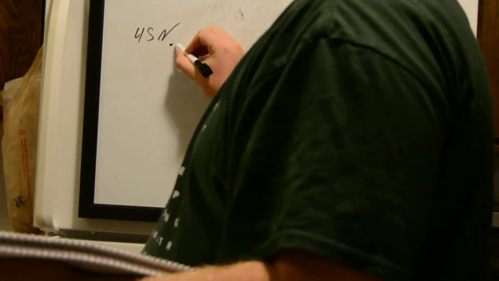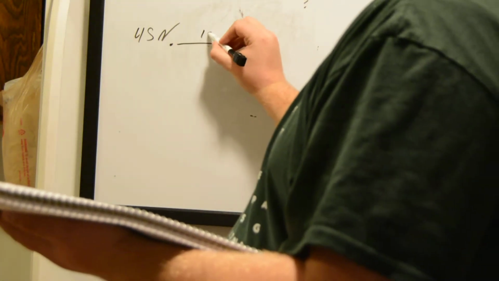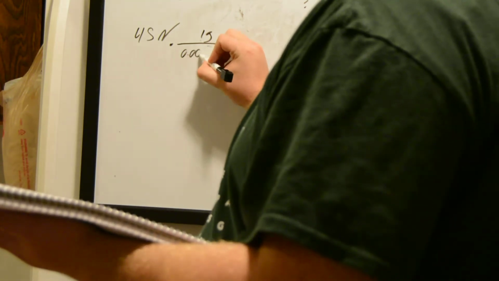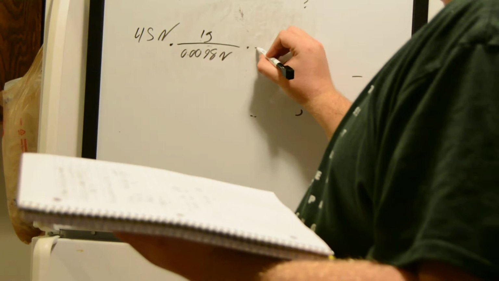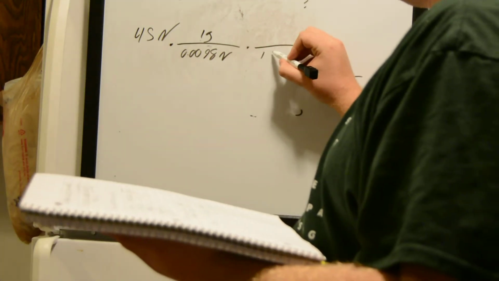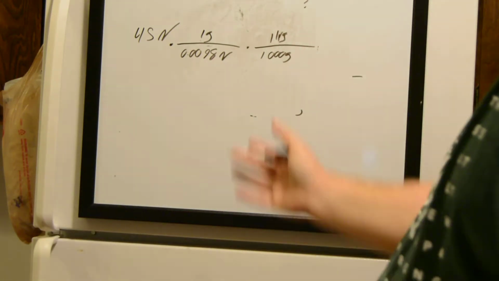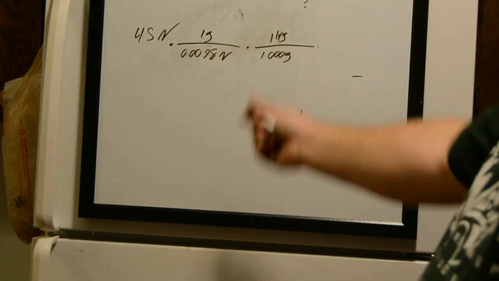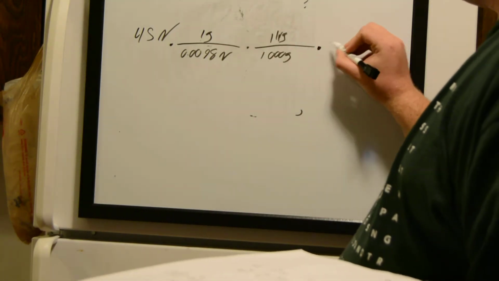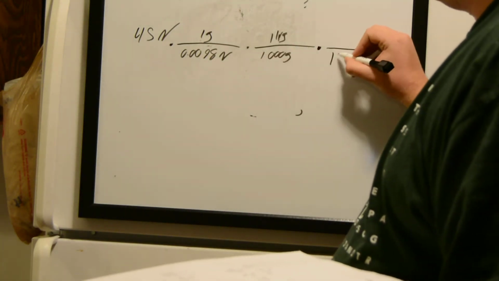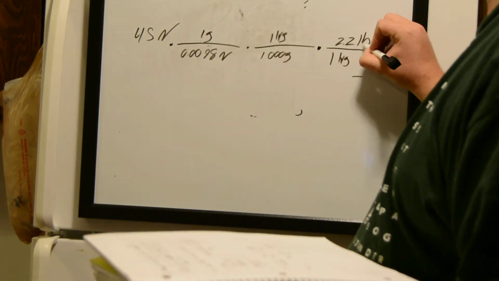And then we know from earlier that 1 gram is 0.0098 newtons. And then we know that there is 1,000 grams in 1 kilogram. Oh look, we already have an answer to one of our problems right there.